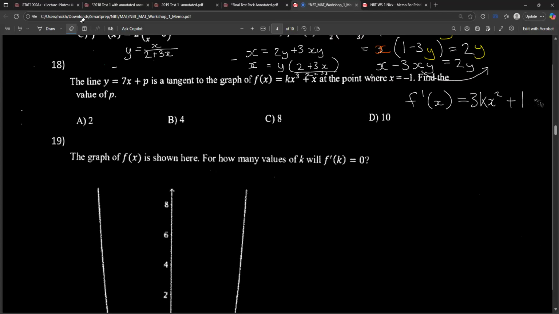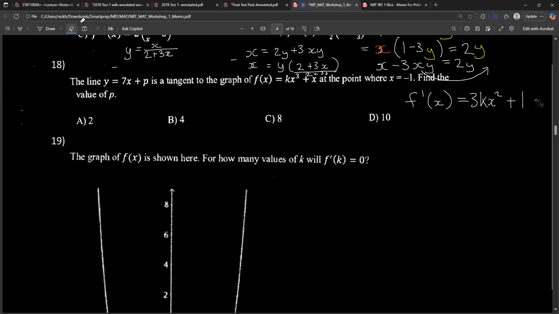So when you see tangent, find the derivative. Just blindly put in the derivative. Then what they say is at the point x equals -1, find the value of p. So what they're telling you is this is the slope and it's a tangent. Basically, they're saying 7p is a tangent to this graph at the point where x is equal to -1.